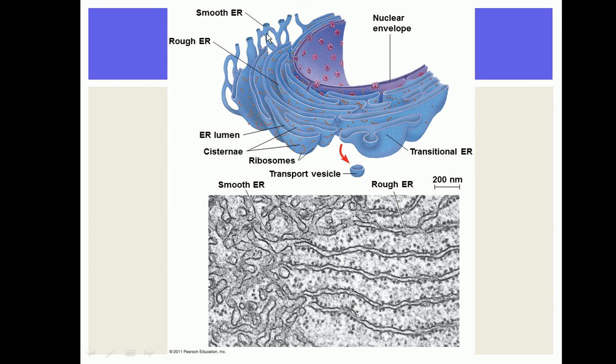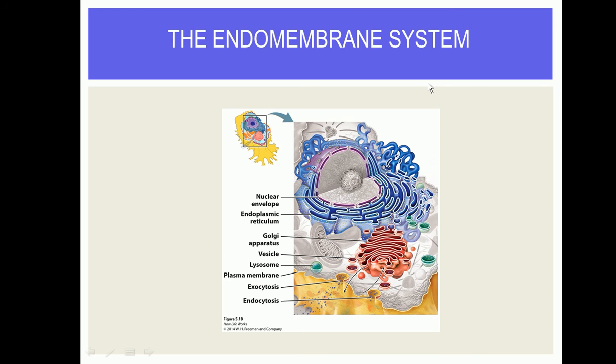This is the part of the endoplasmic reticulum responsible for making lipids, and the part embedded with ribosomes is responsible for making proteins. So this is your endomembrane system. You can see it has a nuclear envelope, an endoplasmic reticulum, Golgi apparatus, lysosomes, and plasma membrane.